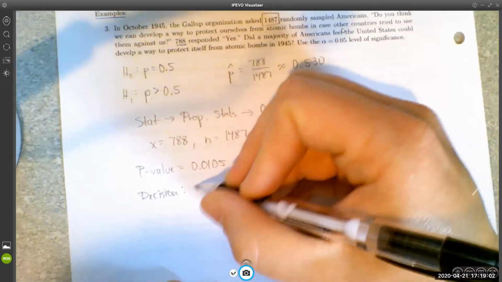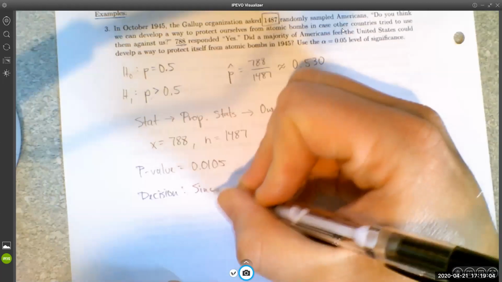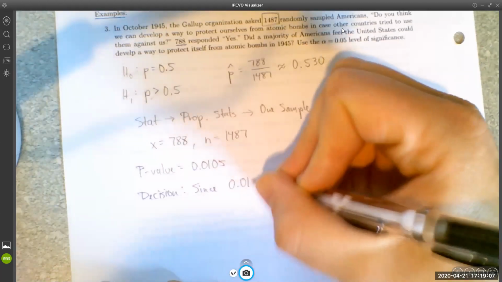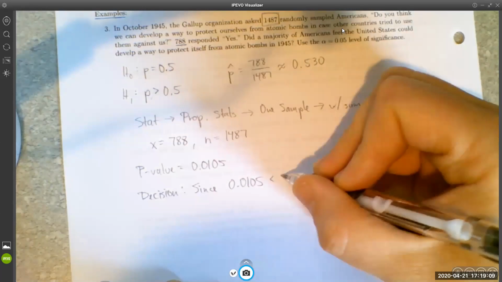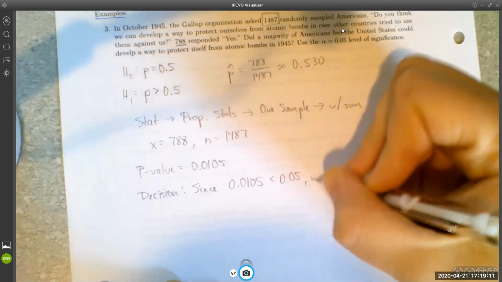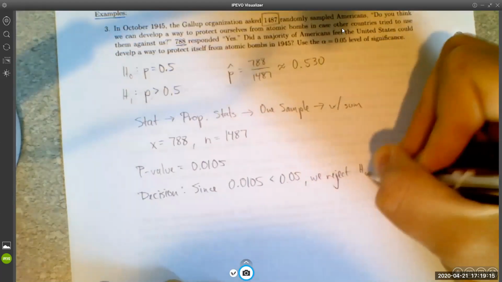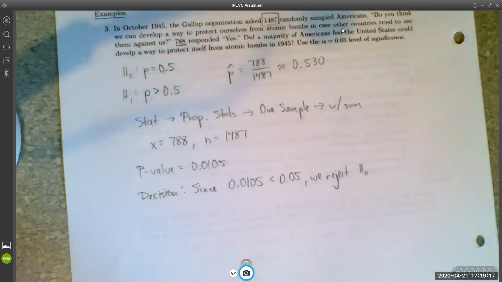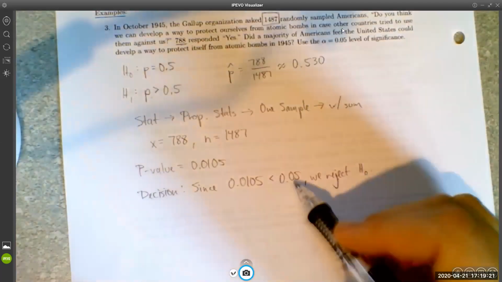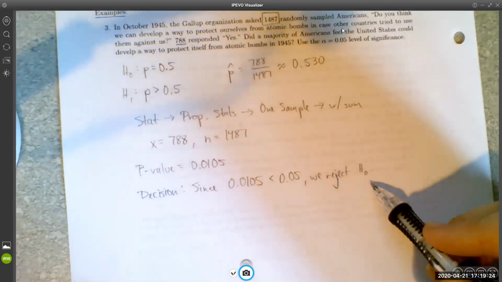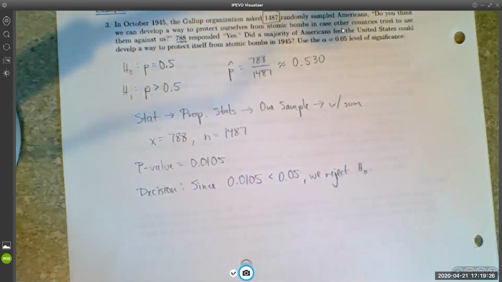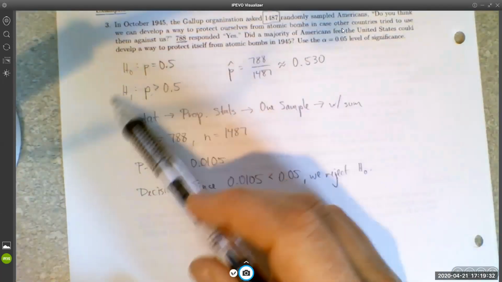We're going to say since 0.0105 is less than alpha, we reject the null hypothesis, okay? And remember, all of these positive statements go together. So the p-value is less than alpha, so we do reject the null hypothesis. That means there is sufficient evidence to support the alternative. And what's the alternative? The alternative is that the majority felt this way.